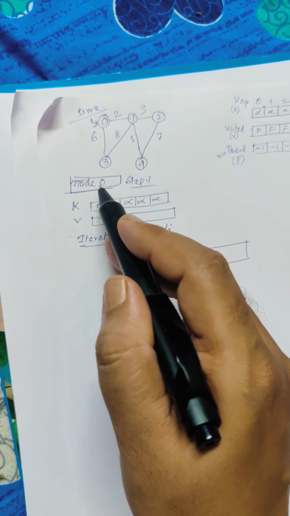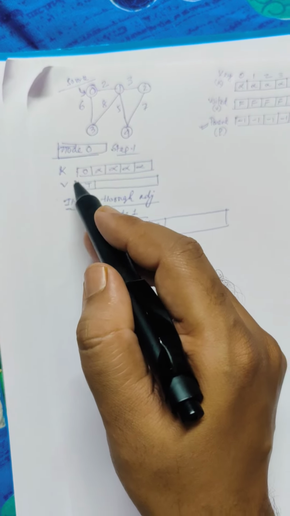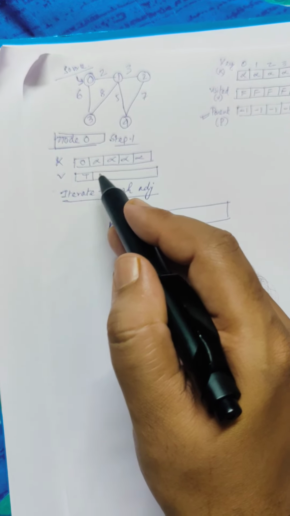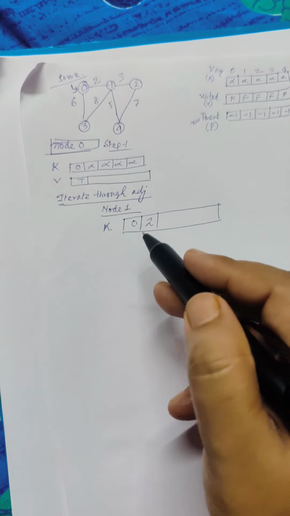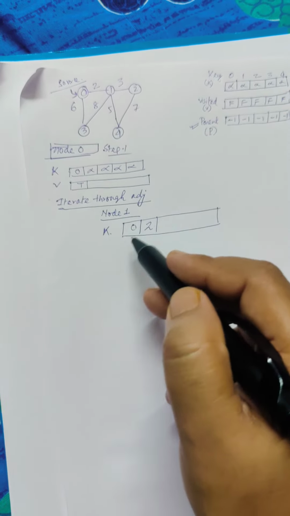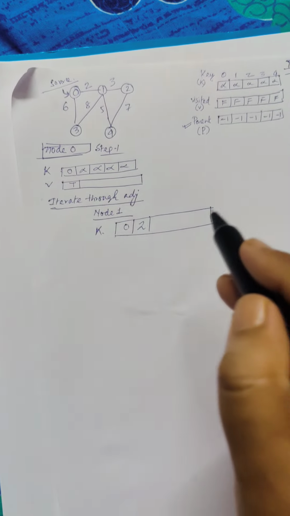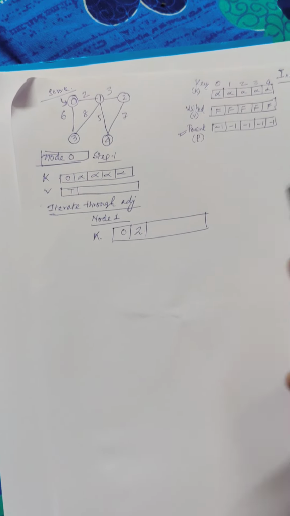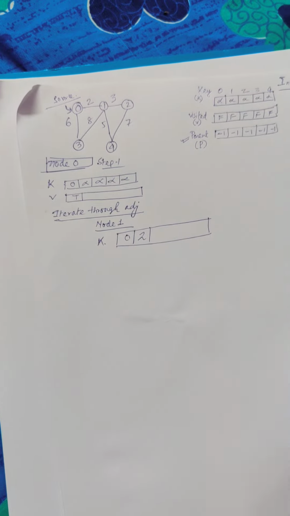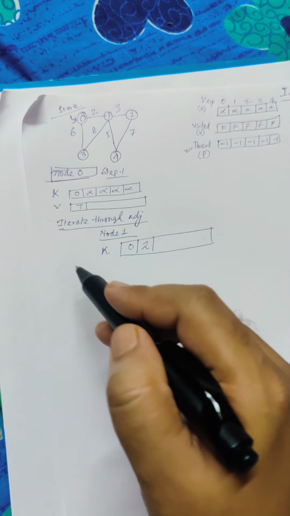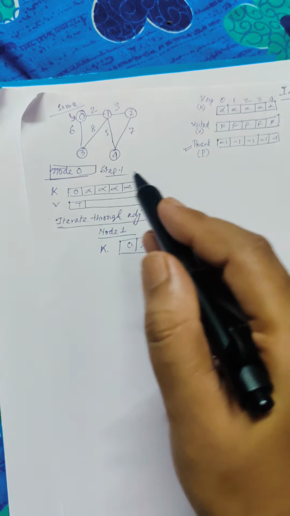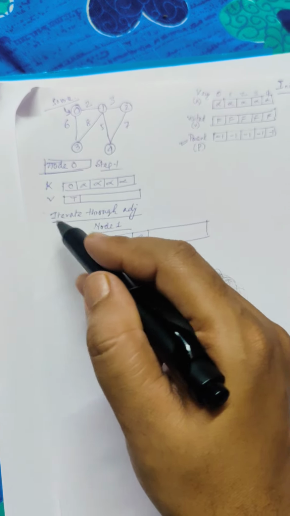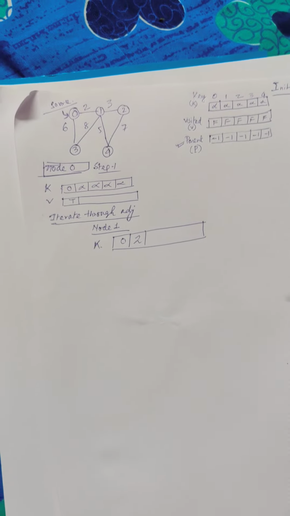This is the primary node, so that's why the visited array has been changed and made true. But whenever we are iterating over adjacent nodes, the visited array is not going to change. Please make a note that whenever we are dealing with adjacent nodes, we don't make any change in the visited array, because that's not the primary node.